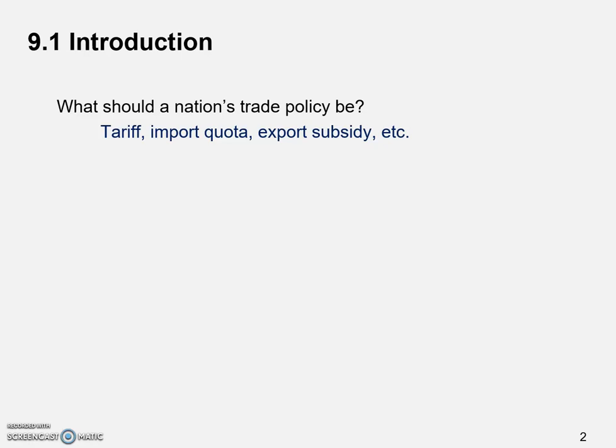Of course, the instruments go beyond, and are much broader than, these three. Especially these days, we use more and more non-tariff barriers, but for these we're just going to leave them for you to read. I think you can find some interesting discussions in the textbook.